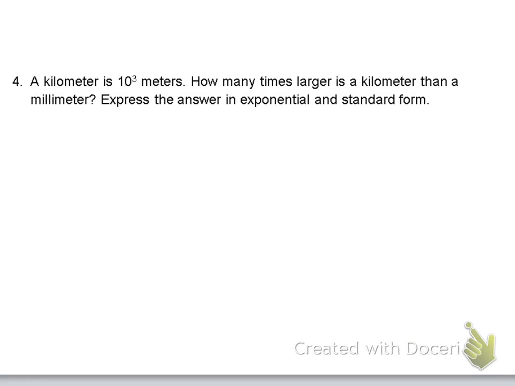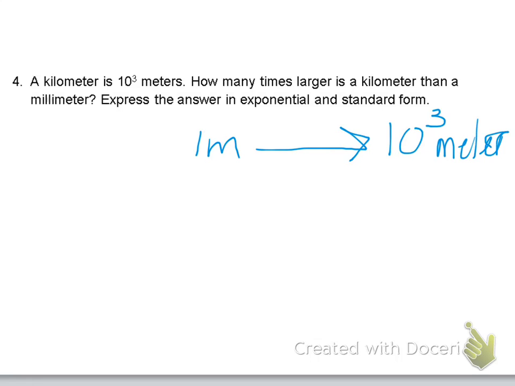Okay, last example. A kilometer is 10 to the 3rd power meters. How many times larger is a kilometer than a millimeter? So I wrote this out kind of on a scale here. I have 1 meter is equal to 10 to the 3rd, 10 to the 3rd meters is equal to 1 kilometer.